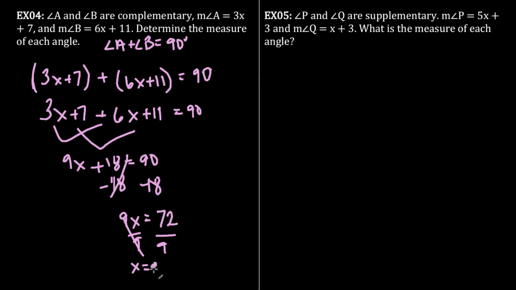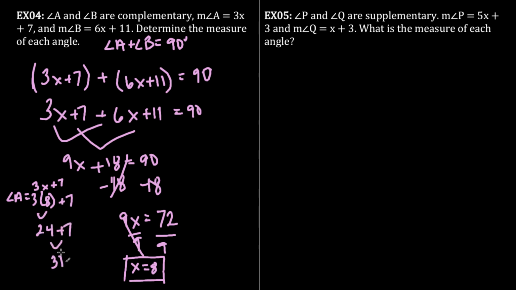X equals 8. Now remember, we're not done because it didn't say find x. It said find the measure of each one. So angle A equals 3 times 8 plus 7. So 24 plus 7 is 31 degrees.